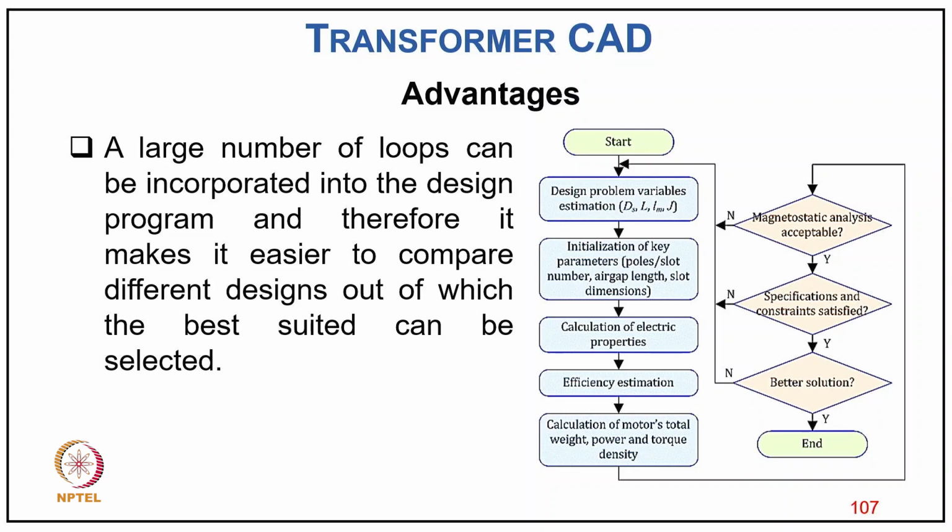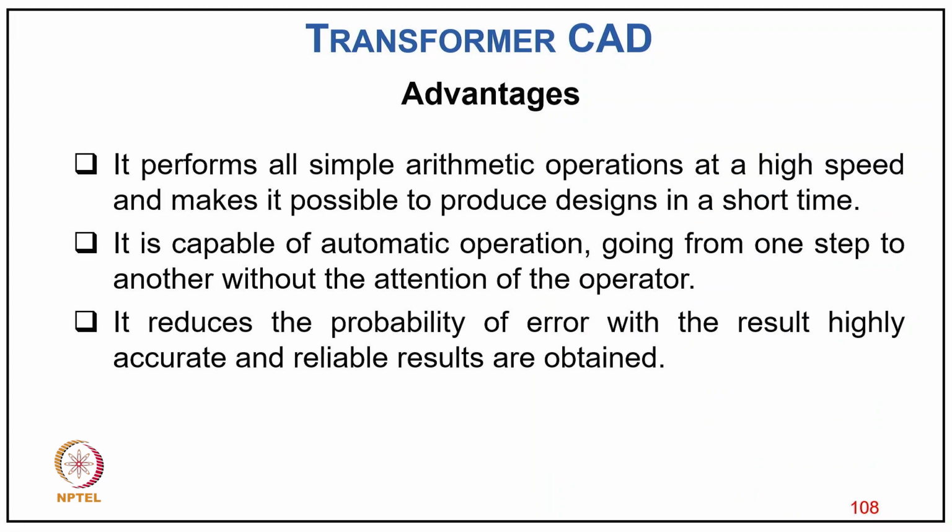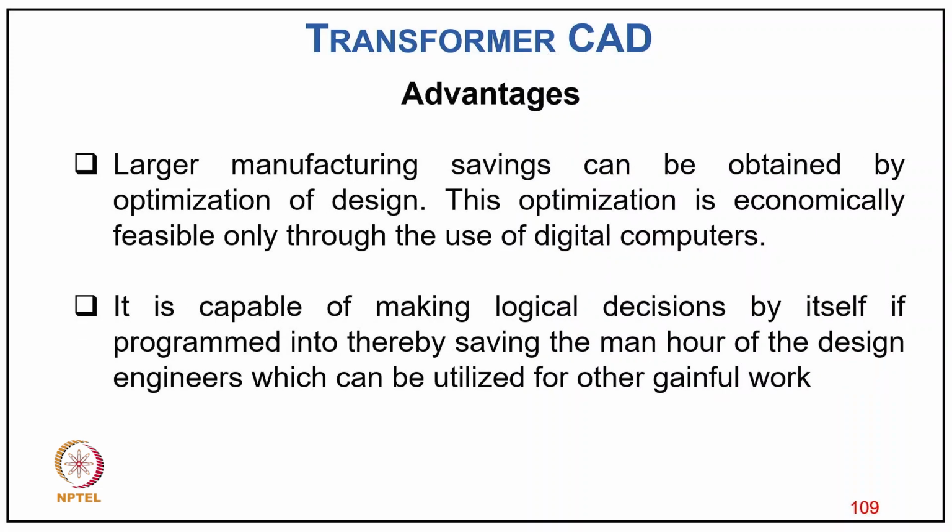The process starts with the design problem estimation, initialization of key parameters, then calculation of electric properties, efficiency estimation, calculation of the total weight, then MMF calculation, then calculation of constraints, and then going to a better solution otherwise. The computer performs all arithmetic operations at high speed and makes it possible to produce designs in a short time. It is capable of automatic operation, going from one step to another without the attention of an operator, and reduces the probability of error, with the result that highly accurate and reliable results are obtained.